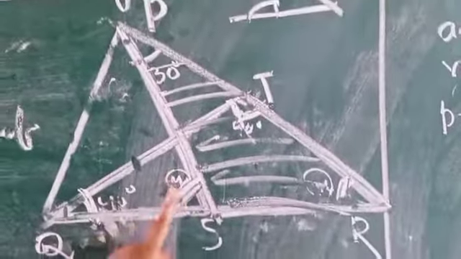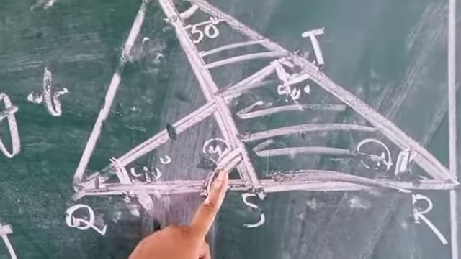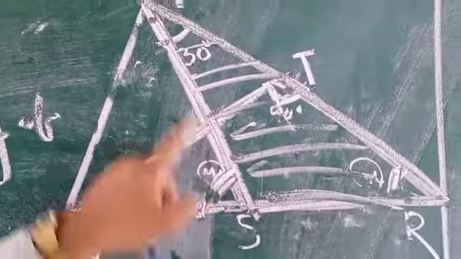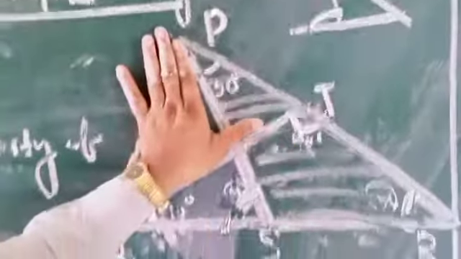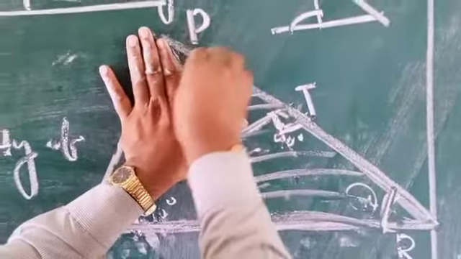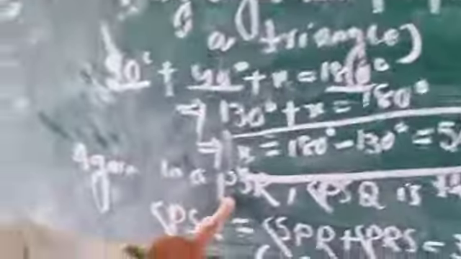So exterior angle PSQ is equal to the sum of two interior opposite angles. Means this angle is equal to angle P, this angle, plus this angle, the sum of these two interior opposite angles. Yes or no? So I have written here again, in triangle PSR, PSQ is the exterior angle.